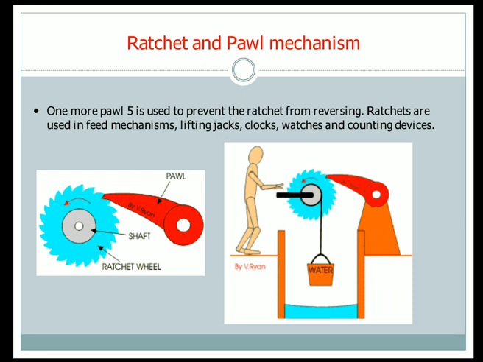So if we want to fill the water from the well, we need to lift the pawl and then allow the ratchet wheel to rotate freely. So at that time we can fill the water inside the mug, and then we have to lock the pawl to the ratchet wheel. Then we can lift the bucket of water easily by pulling the rope.